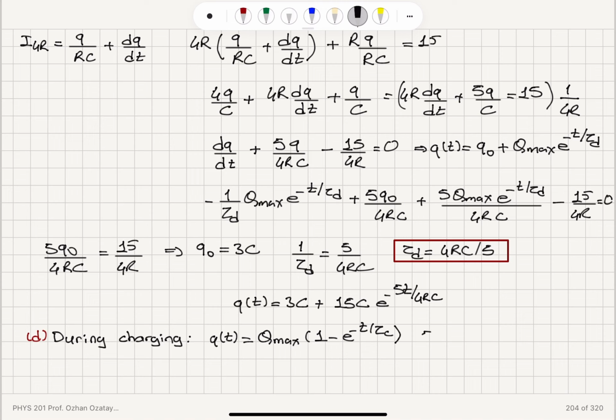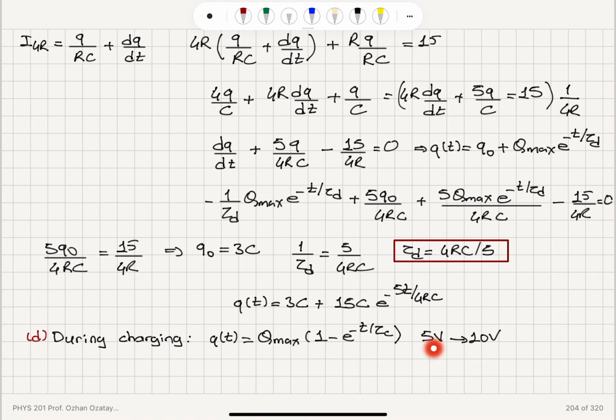This is valid as I go from 5 volts to 10 volts. If you wait long enough, as t goes to infinity, this is e to the minus infinity, which is 0, and I will have the maximum charge stored. At t equal to 0, I have no charge stored. So that's the form of the solution for Q of t.